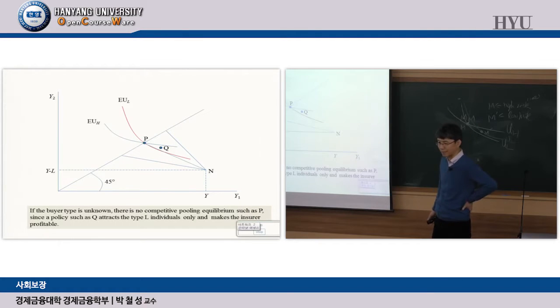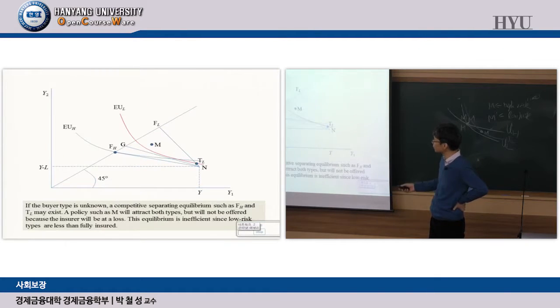I mean, yeah, they are not gonna buy it for a higher price like this one. I probably gave you a wrong answer. Okay, but the right answer here is even if the low risk type wants to buy more insurance, they cannot buy it because the insurance company does not sell it. Okay.